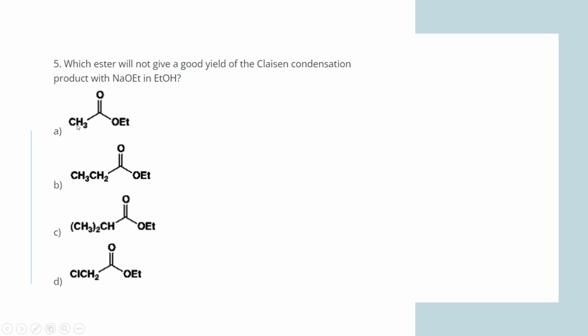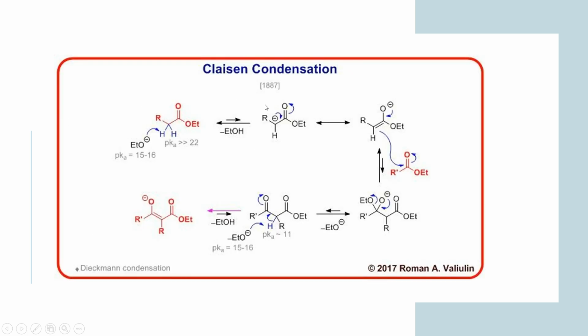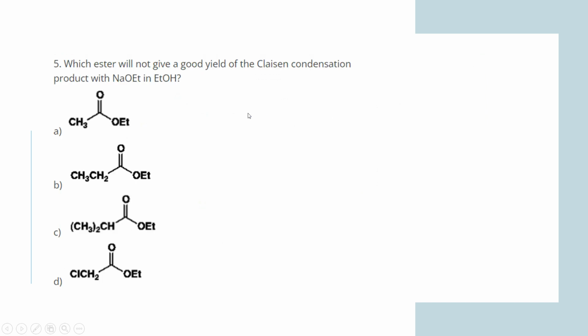Just look at this one and relate this structure to all the options given. This will be H, CH2 and the ester group. And in the second one, adjacent to CH2, you have CH3. Methyl is here and hydrogen is here.